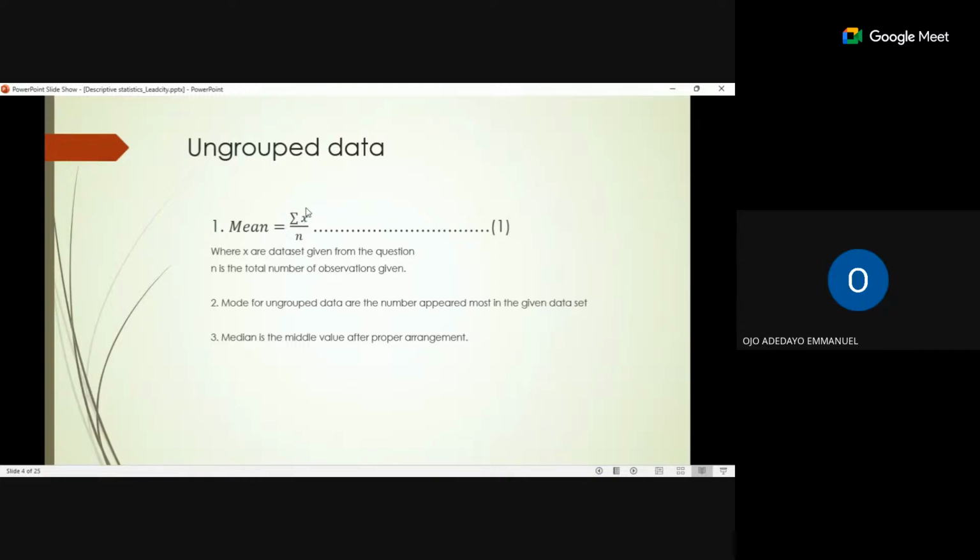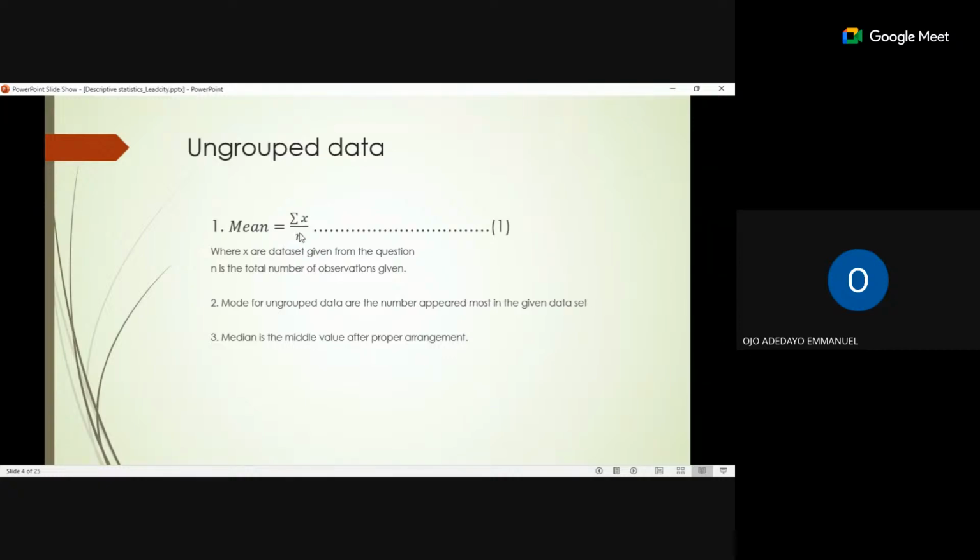It simply means add everybody in this class together. N here means the number of people in this class, which we normally call the number of observations or the number of data. The summation means add every single data together.